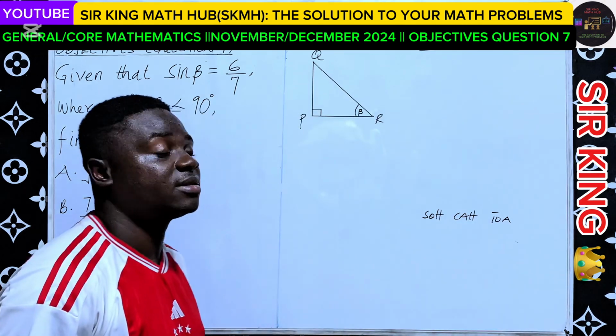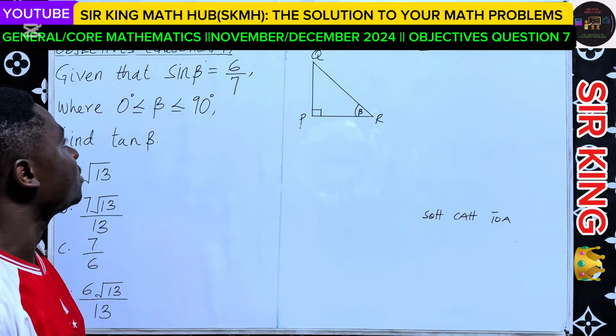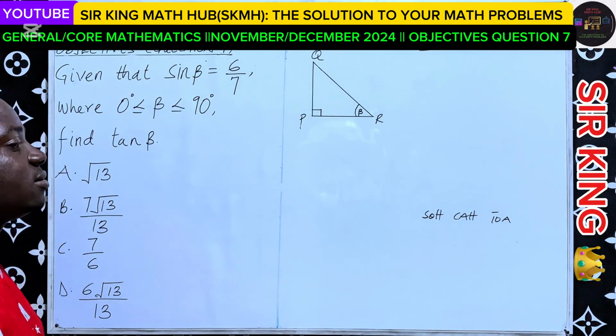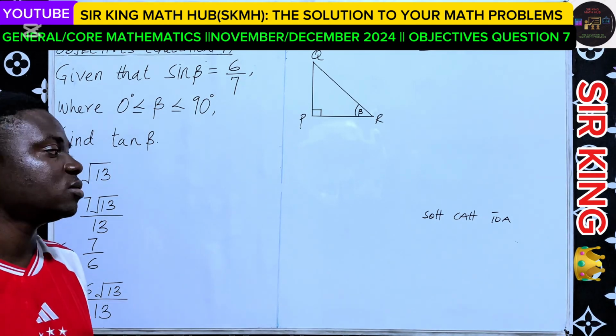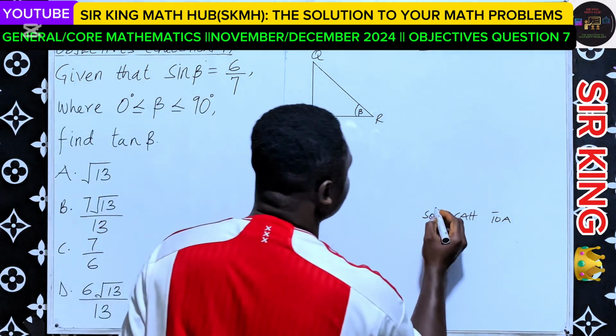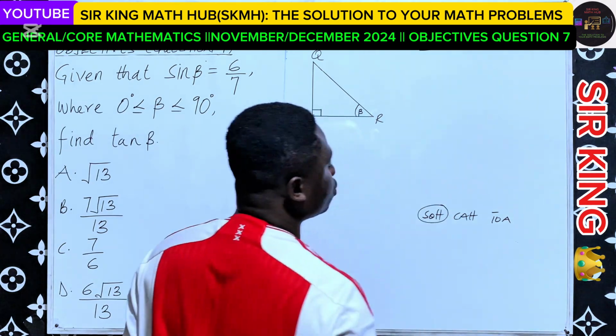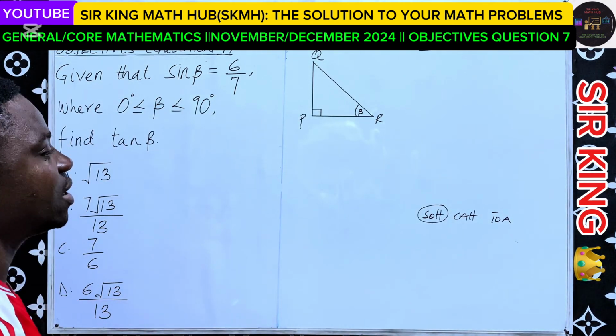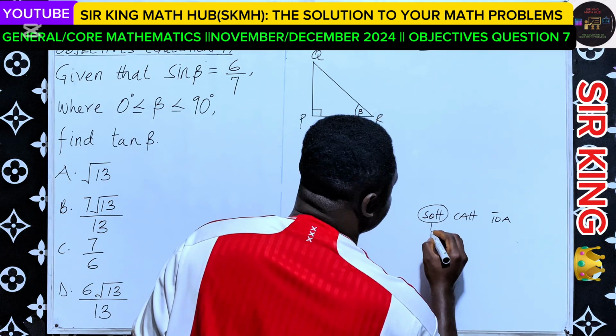Now, from SOHCAHTOA, which of them has the sine function? Obviously that is SO. SO has the sine. And what does SO say?